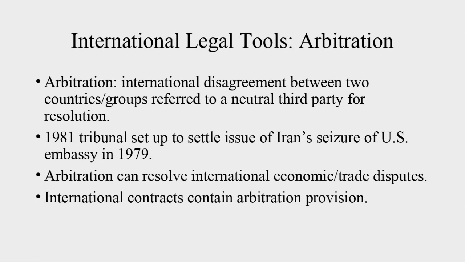So this tribunal was set up so Iran could pay the United States for the damages done to the embassy. They reached an agreement, and the government of Iran gave the United States compensation for the damage done to the embassy.